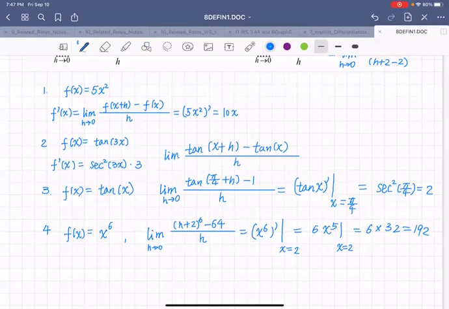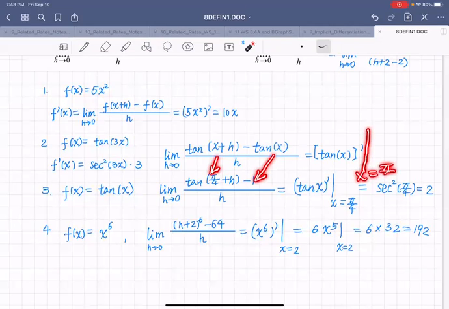This equals the tangent x derivative. Because tangent pi over 4 equals 1, the point is x equals pi over 4.